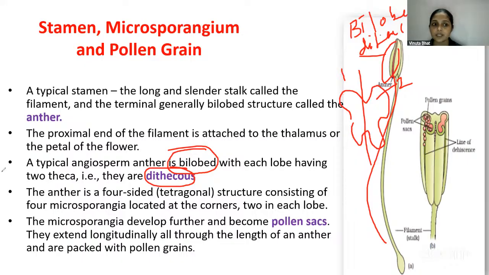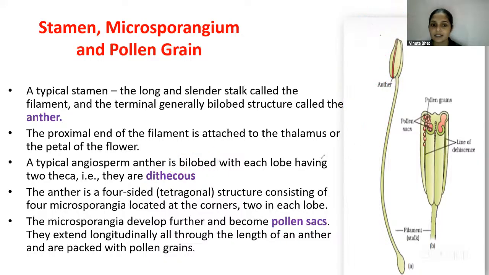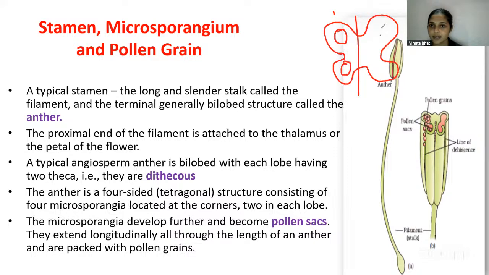Okay. So it contains four microsporangia at the corners of the theca, right? Four corners are there like this. Each theca contains two microsporangia, and totally four microsporangia are present in the anther.